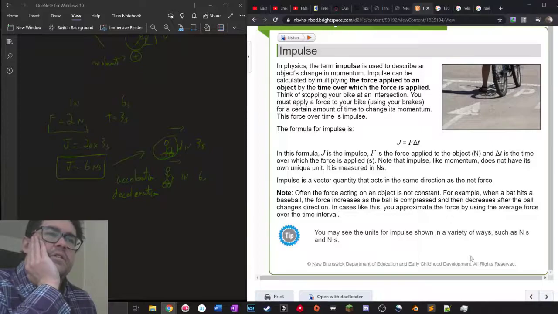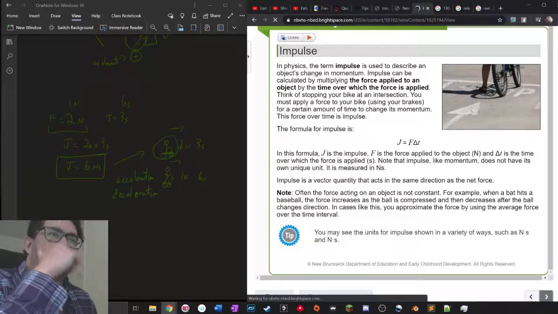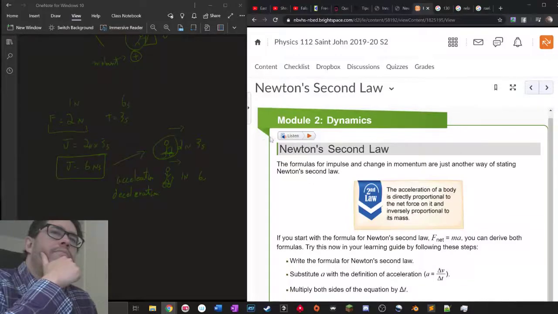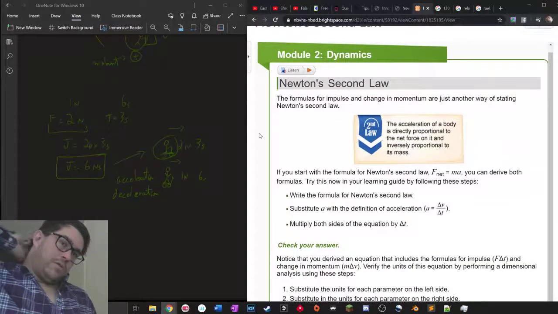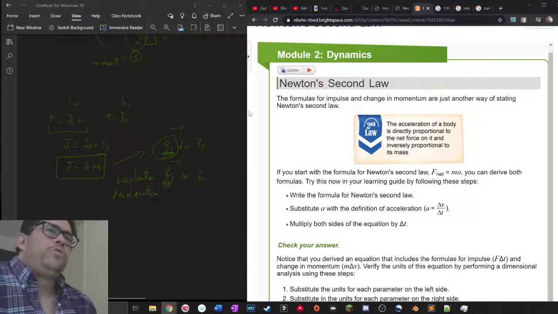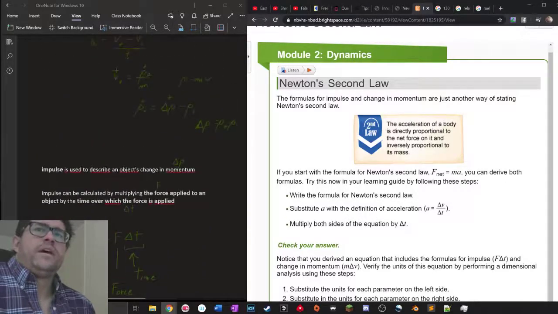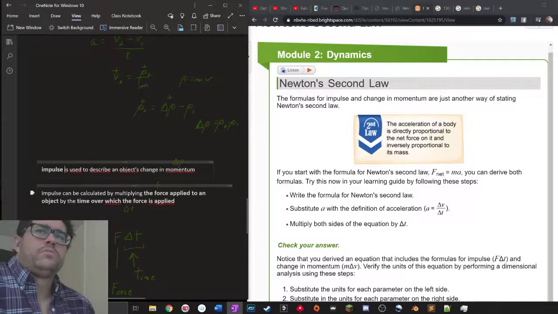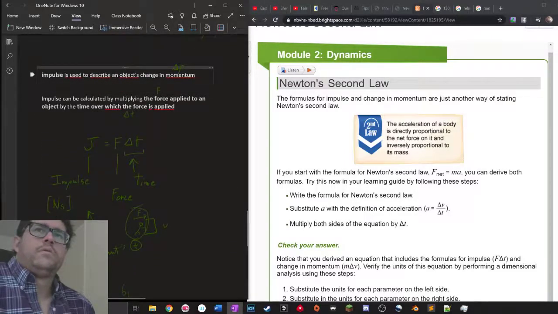Okay, let's go back. Doing good. Newton's second law. The formula for impulse and change are another way of stating Newton's second law. Start the formula with F equals ma, you get... Let's unite those two definitions.